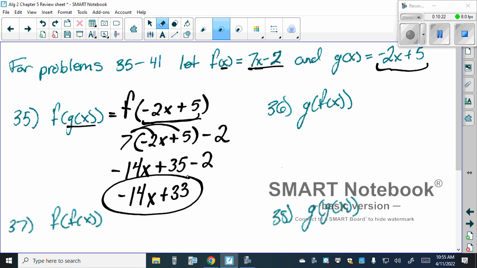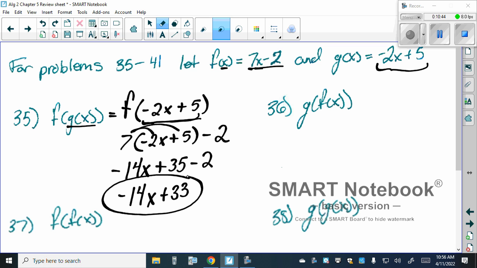So f of g of x is going to be negative 14x plus 33. And that's it. Is there another one of these that we want to look at? 36, 37, or 38?